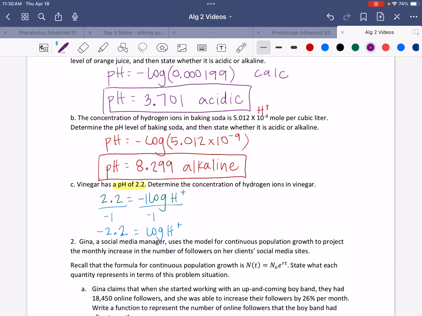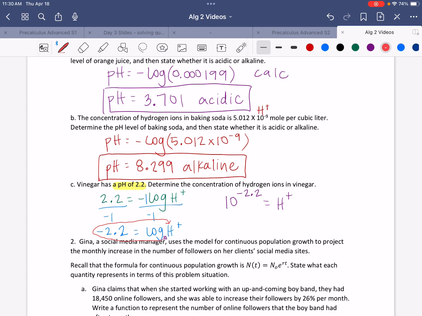So remember we said common log, this has a base of 10. So using the wraparound method, start at your base, 10 to the -2.2 is going to equal the argument. So I know I'm out of room here, but 10, loop it around, and it's going to let us isolate the hydrogen ions, specifically the variable.